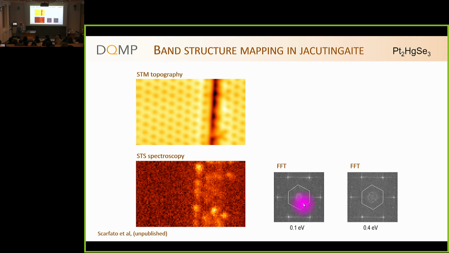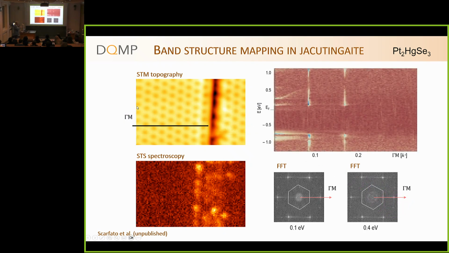But then you see in the inside there is this ring which is growing. And from this you could extract again band structure elements, but you can be much more effective if you take a single line and you plot then as a function of energy the Fourier transform of the modulations just along this line. And that means you can extract one particular band, one particular orientation in momentum space.